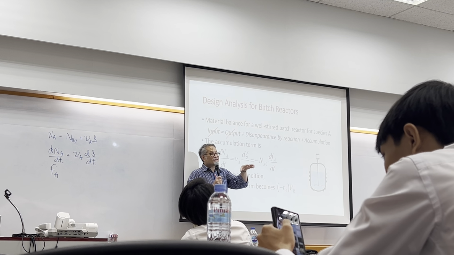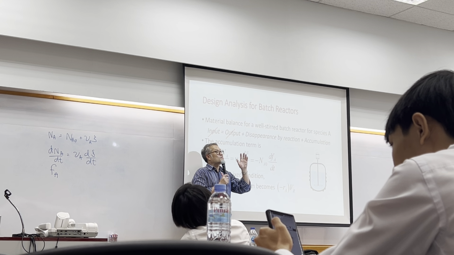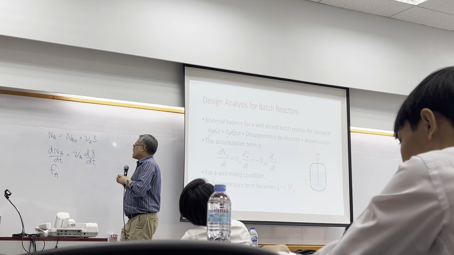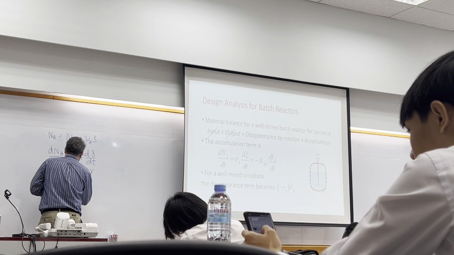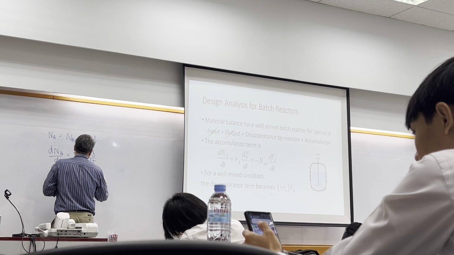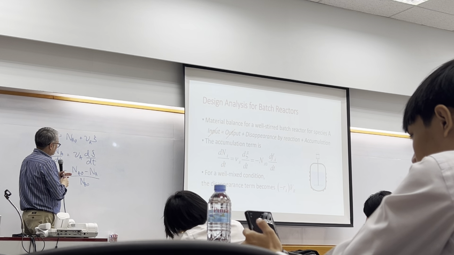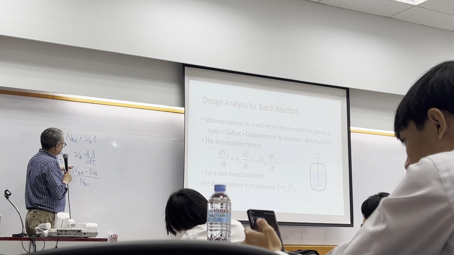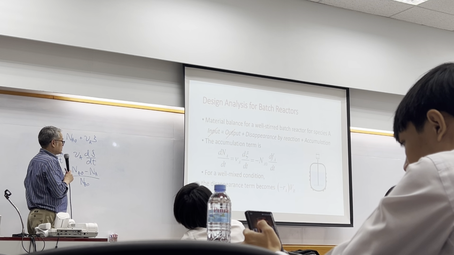Look at the stoichiometry and the initial concentration, and determine which species is the limiting reactant. Then F_A would be N_A0 minus N_A divided by N_A0, so it's dimensionless and goes from 0 to 1.